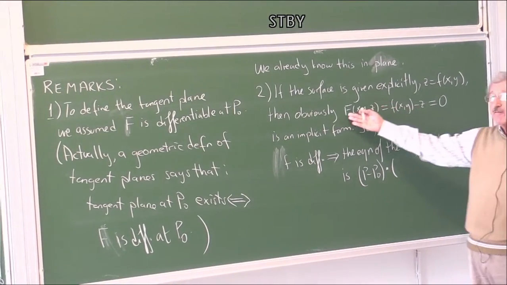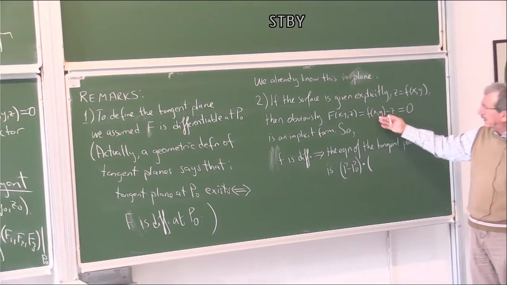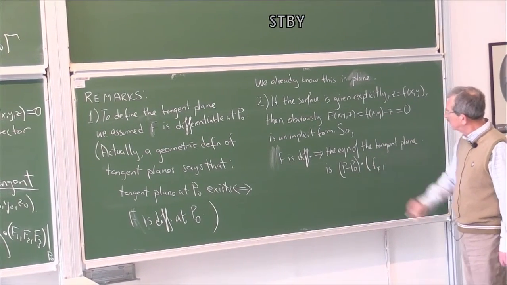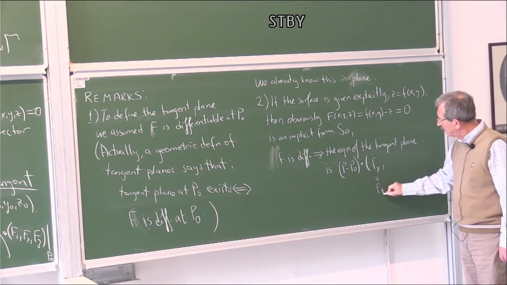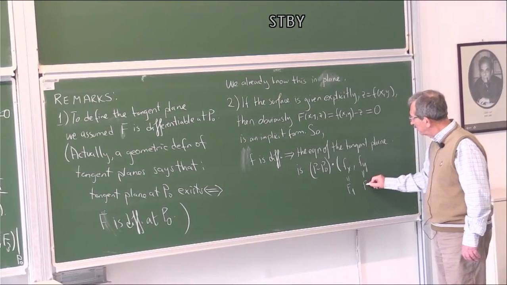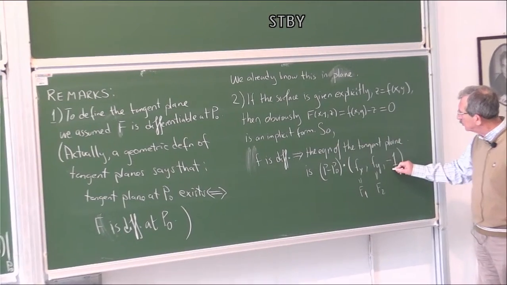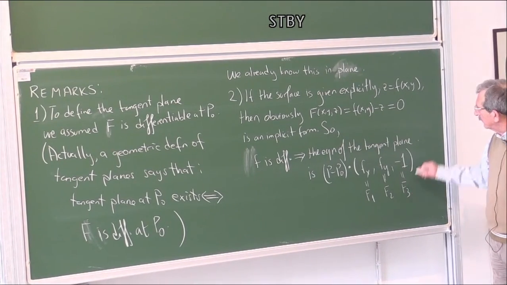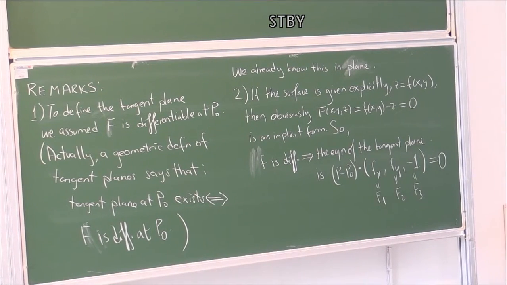Well, what are the derivatives of f? f1 would be del f, del x. f2 would be del f, del y. And the derivative with respect to z would be minus 1. So this is the equation of the tangent plane.